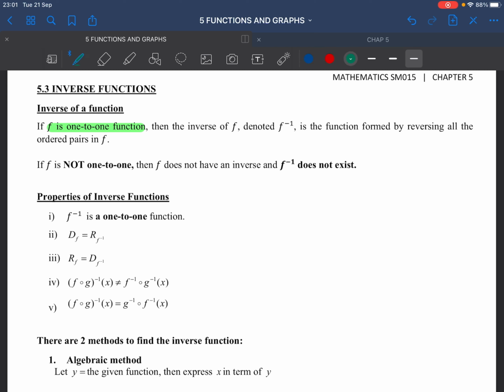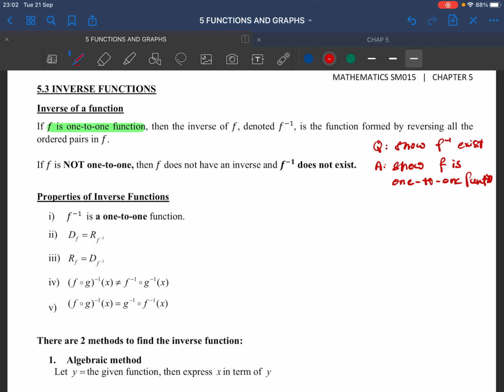Pendekkan cerita, if the question says show that f inverse exists, or determine whether f has an inverse, what you have to do is show that f is a one-to-one function.